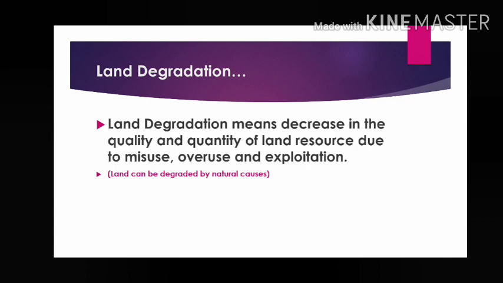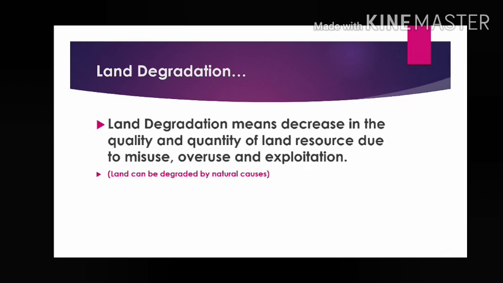Take a look: misuse, overuse, exploitation. These three words are related to what type of human beings? Greedy. Those who are greedy think resources are the gift of nature, so we can use them without any second thought. We can waste it, we can misuse it. That's why land is also degraded.